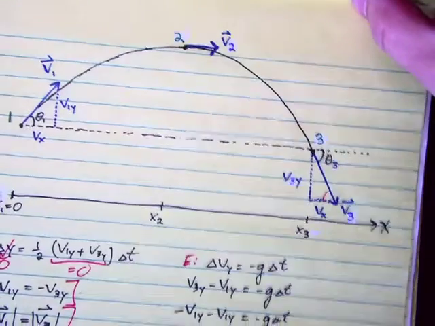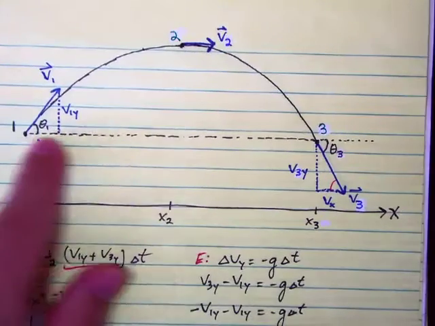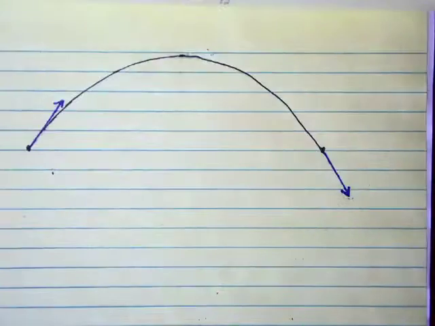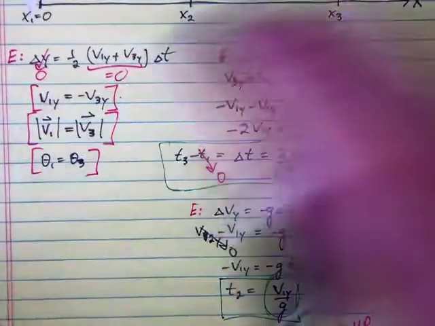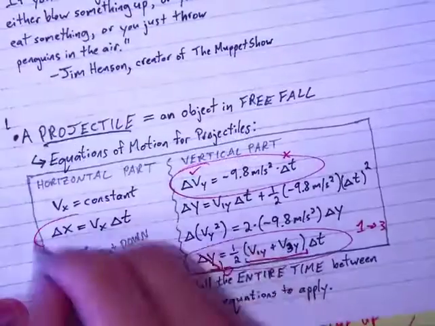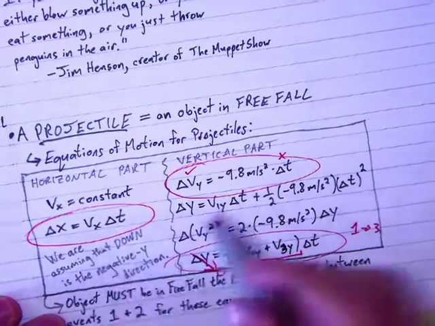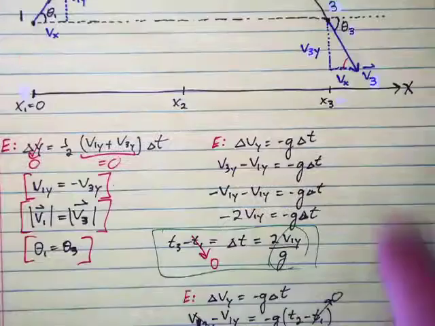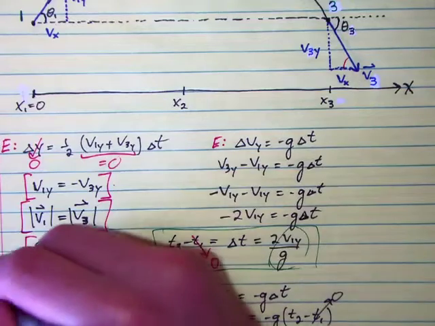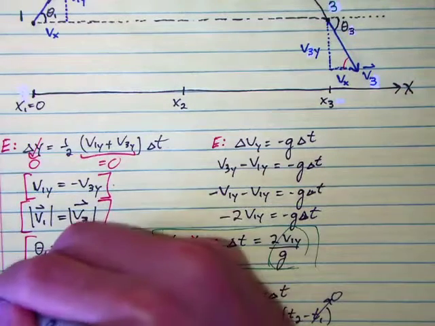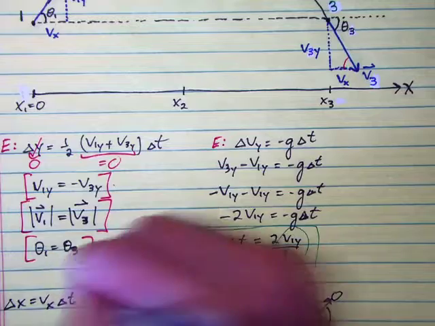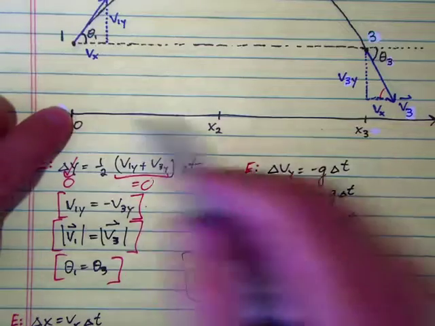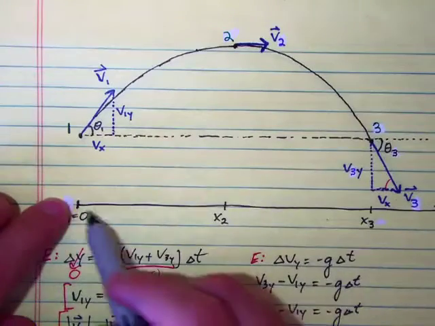Let's look at the distances horizontally that are traveled here. Going to this equation right here to look at the horizontal distance traveled. It just depends on how long you've been traveling. So, let's write down our equation. Delta x is Vx delta t. So let's compare traveling from event 1 to event 3 to event 1 to event 2.